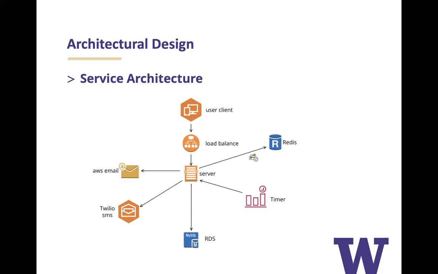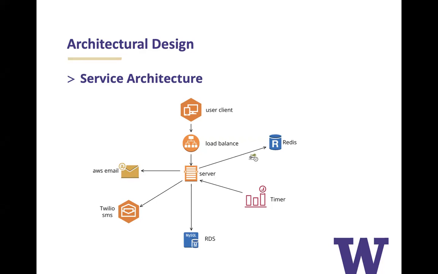Service architecture. The user sends a request with the front-end service to the load balancer, and the load balancer will choose one of the ports to send the request. We have 2 ports. The port means the server. When the server receives the request, it will connect to Redis to verify the token.